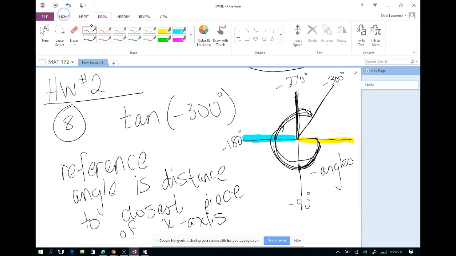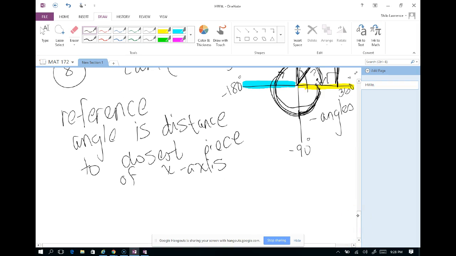So if we're at negative 300, the reference angle is always going to be inside of our reference triangle. The reference triangle always connects us to the x-axis. They're asking us what that angle is. That angle would take us, if you follow the curve, the rest of the way around the circle. So we've already traveled 300 degrees. Once all the way around is 360, which means our reference angle has to be 60 degrees.